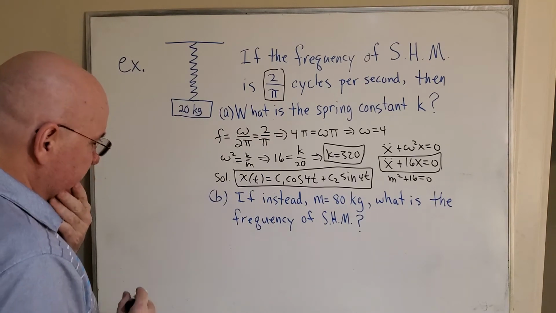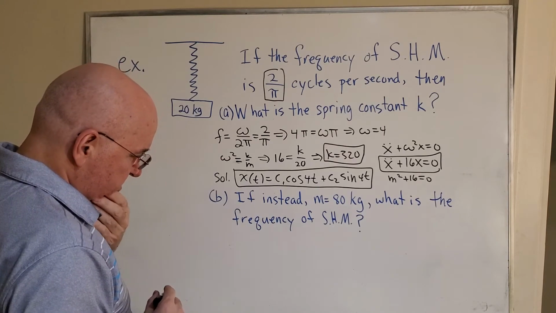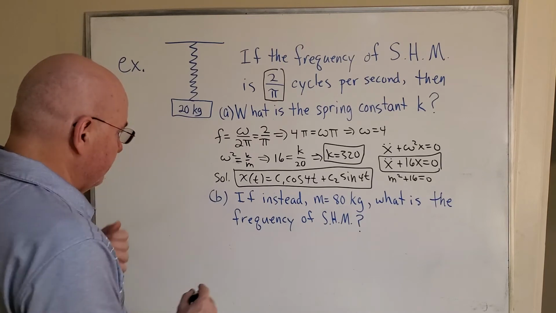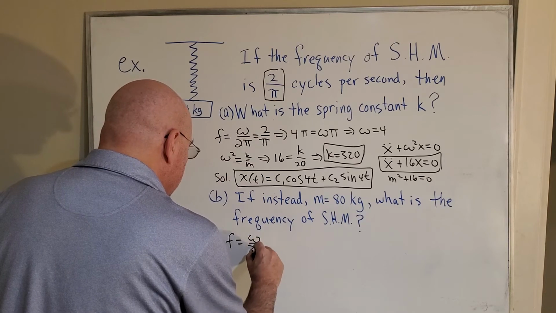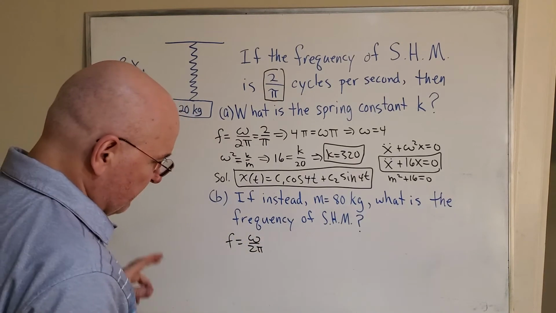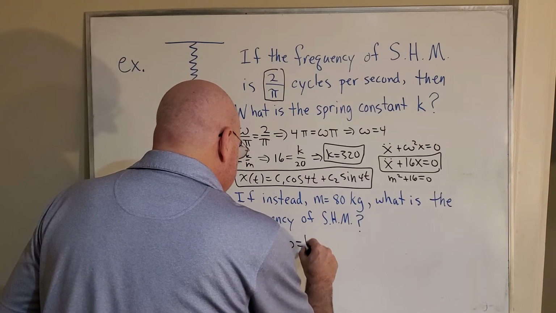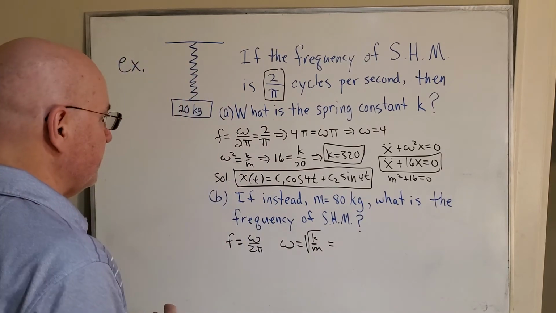If the mass is 80 kilograms instead of 20, what's the frequency? Let's see, frequency is omega over 2 pi, and that's what we're looking for. We're looking for F. Omega is that, and do we know both of those?